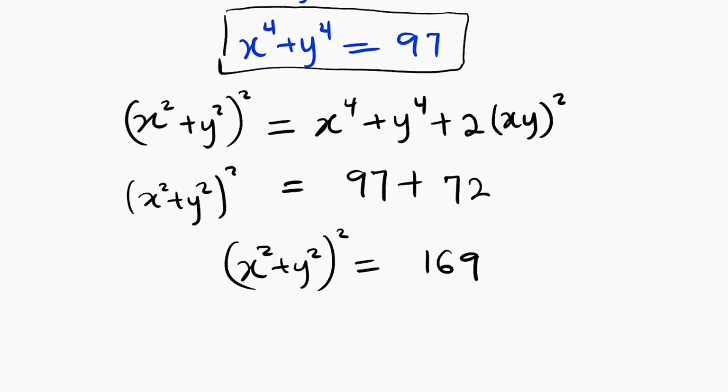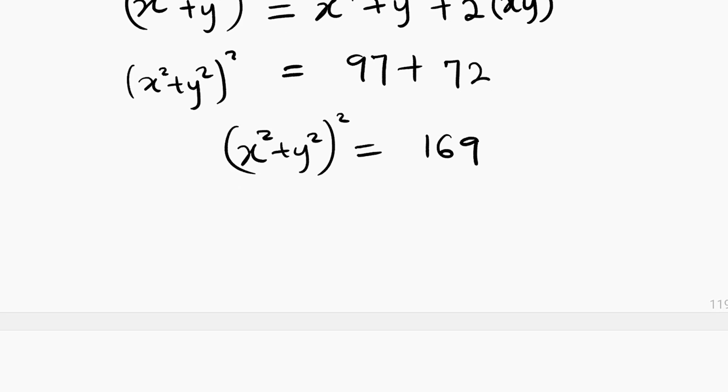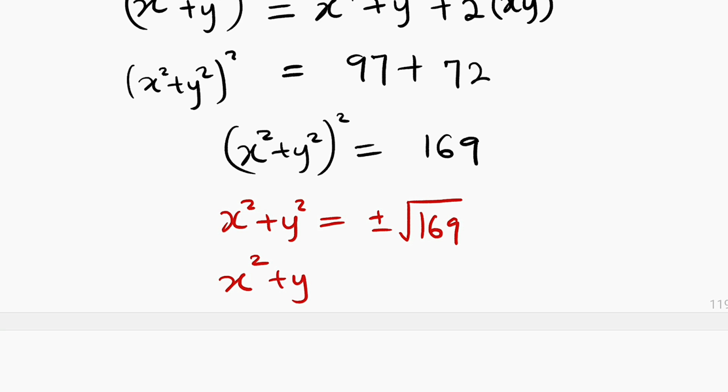To find the value of x squared plus y squared, we are going to take the square root of both sides, and hence x squared plus y squared will be equal to plus or minus the square root of 169. And square root of 169 is 13. So x squared plus y squared is equal to plus or minus 13.